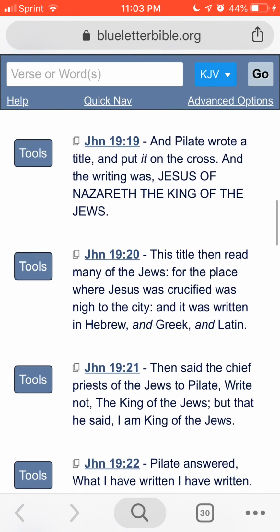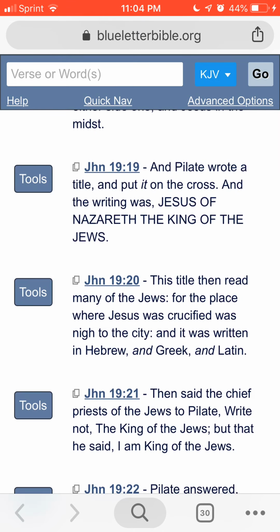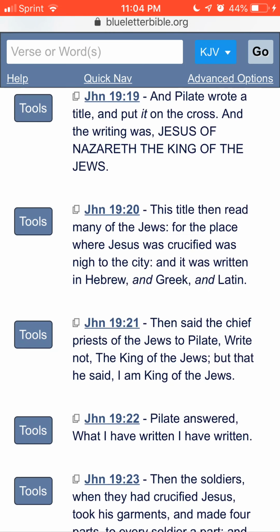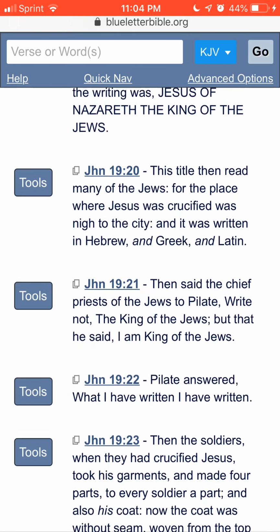It says, well, actually, I'm going to start at 19. It says, and Pilate wrote the title and put it on the cross. And the writing was, verbatim, Jesus of Nazareth, the King of the Jews. Right? But it says, this title then read many of the Jews. For the place where Yahushua, because that's in the Hebrew, Yahushua was crucified, was nigh to the city. And it was written in Hebrew first, because he was a Hebrew Israelite from the tribe of Judah.